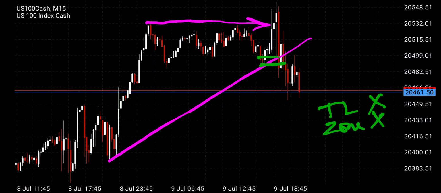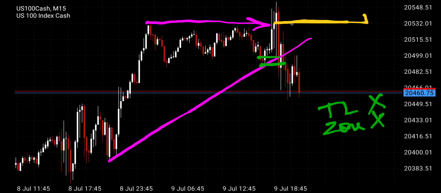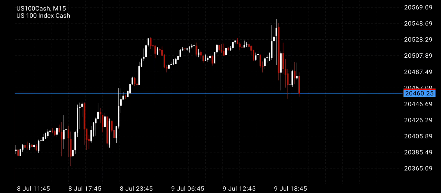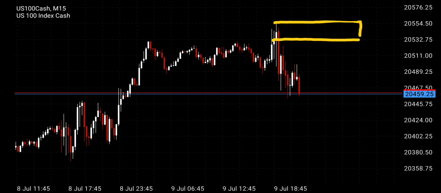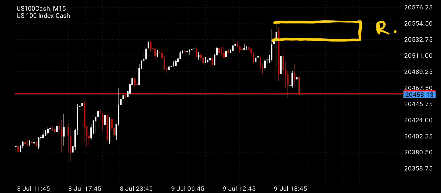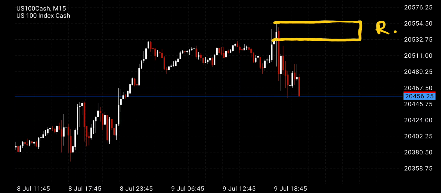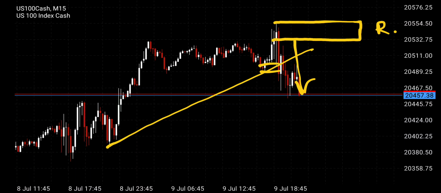So in this case, maybe if the price was to even try, because this is the zone, if I can try and bring it down anywhere from here to there, this is the resistance or the supply that initiated all these problems for the bulls, that initiated this move, that broke the trend line, that broke the support.